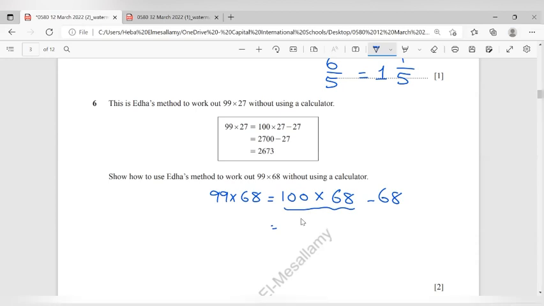Although the question says to show the working out without a calculator, in these minor steps, and of course mentally you can just write 6,800, but please do all these steps on the calculator. And then minus 68. So I'm going to type on the calculator 6,800 minus 68, and I will get an answer of 6,732.